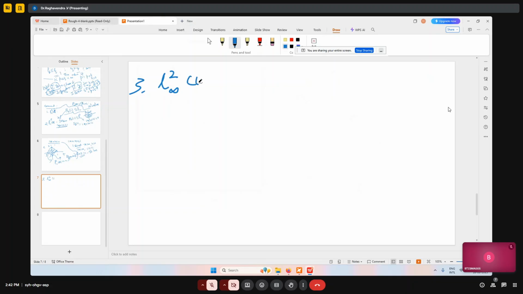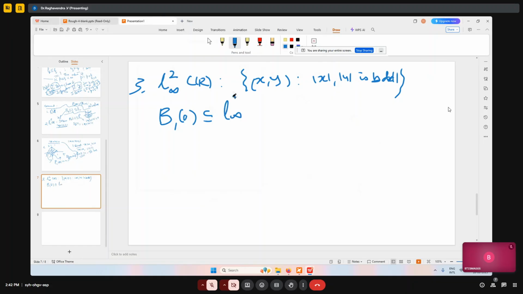What is this? This is set of all xy such that mod x, mod y is bounded. That's obvious, okay? Because it's only 2. So let us draw the graph. Say B1 0 in this L infinity to R.